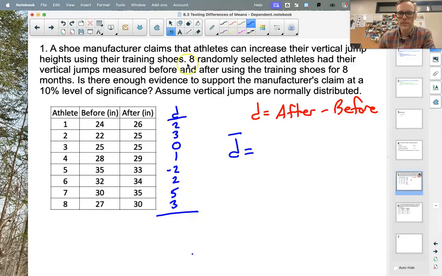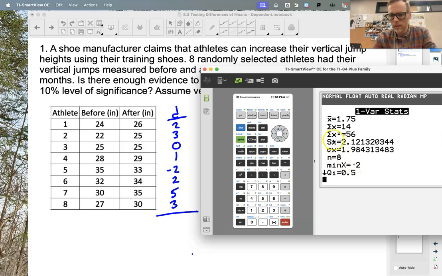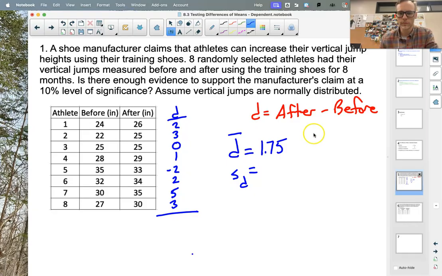So d bar is 1.75. That meant on average, each athlete increased their vertical jump by 1.75. Now we also need to know the sample standard deviation of the D's. So I'm going to head to my calculator. About 2.12. So the mean increase was 1.75 with a standard deviation of 2.12.